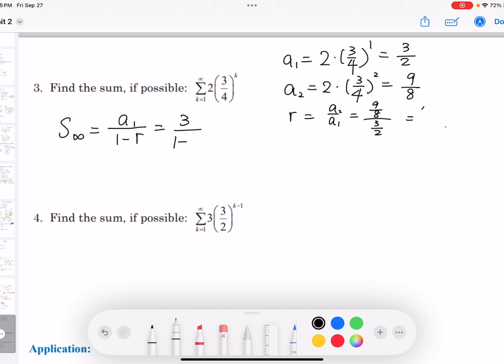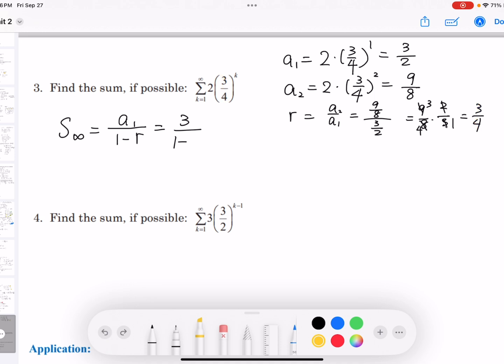Keep the 9 over 8, then multiply by 2 over 3. Do the cancellation. We have 4 left, 3 left, 1 left, so we have 3 over 4. Yes, much better. It matched our r here. You see 3 over 4.